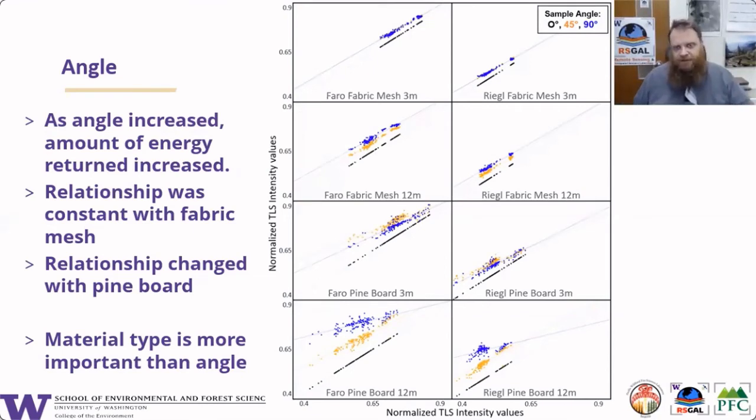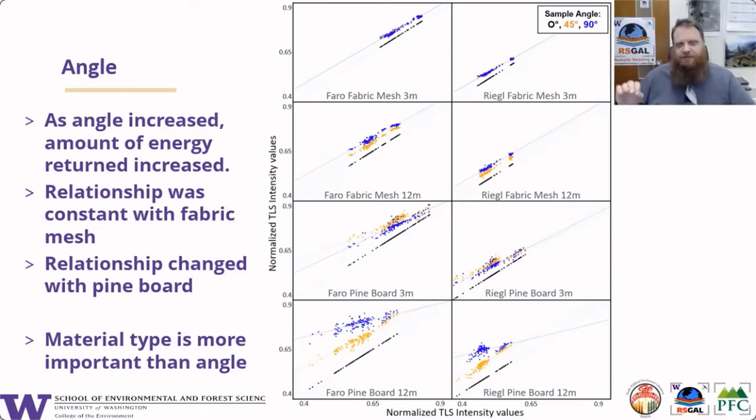And so the 45 degree and 90 degree plots being above that line, with a higher intensity value, indicates that they were more reflective, sending more energy back to the scanner, which intuitively makes sense, as we know that angle has a huge impact on the amount of energy returned from any sort of emittance. The pine board, once again, had a much greater change in that relationship.